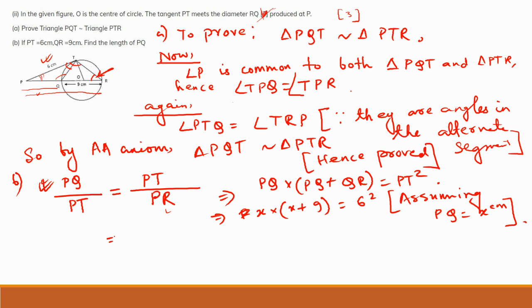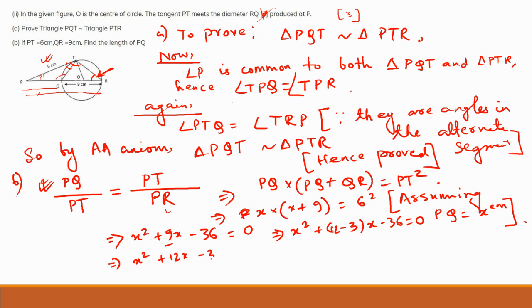Now it becomes a simple quadratic, right? X square plus 9x minus 36 equals 0, right? It should be minus 36. So, like 12 times 3 is 36, right? So 12 minus 3 will give us 9. So from here, x square plus 12x minus 3x minus 36 equals 0.